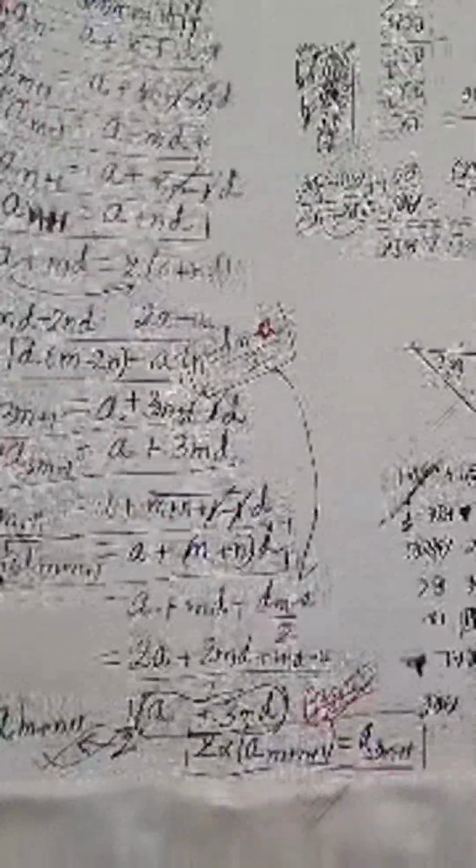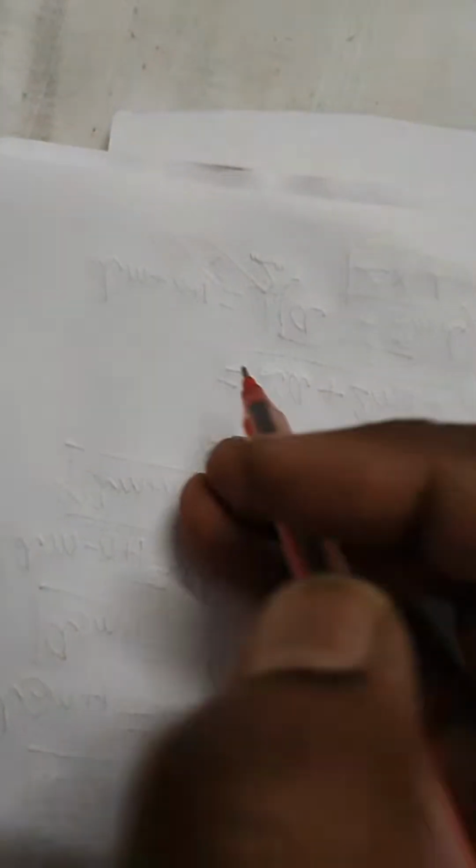Right? Now let us solve the second question. In the second question, it's given that the series of an AP is given to you and you need to find the middle term. What is the series of AP?